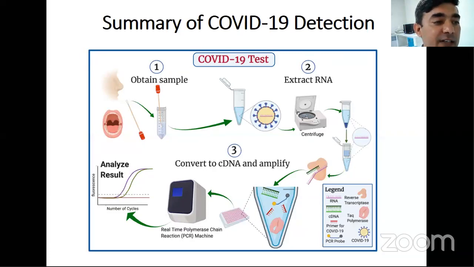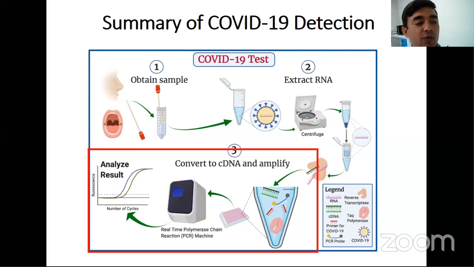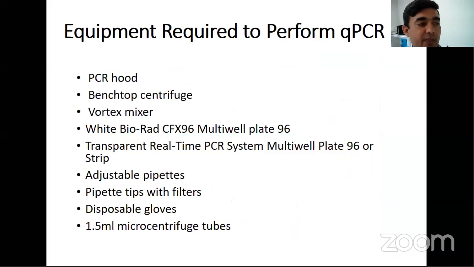The RNA is extracted from the sample, either manually if there are very few samples, or by automated machines. The next step is the PCR setup, how the RNA is processed for master mix preparation, and finally how the data is interpreted in the PCR.